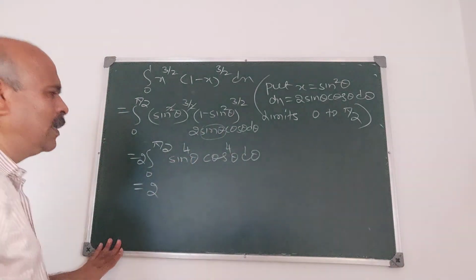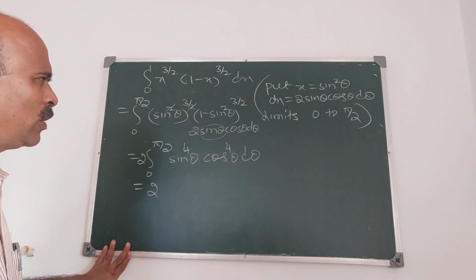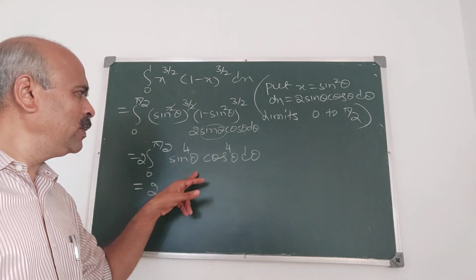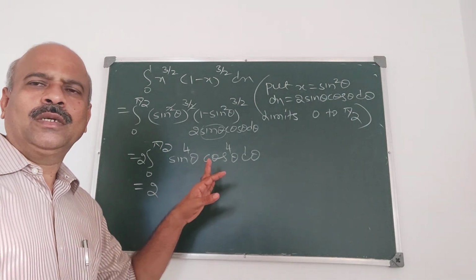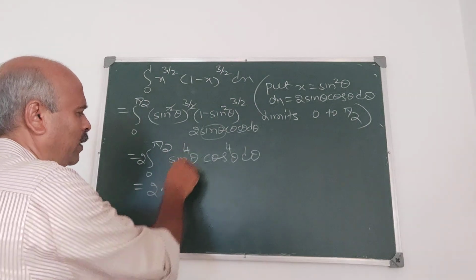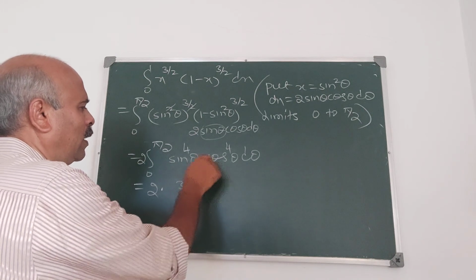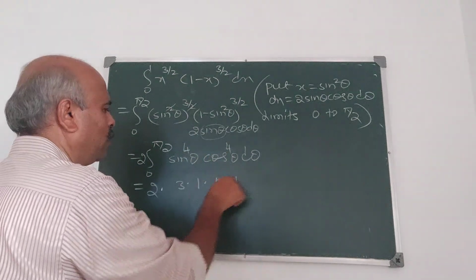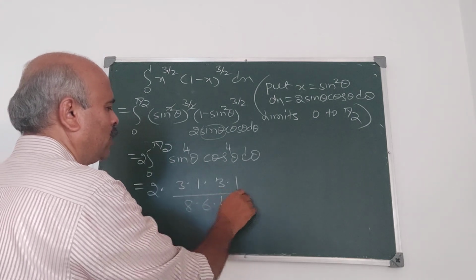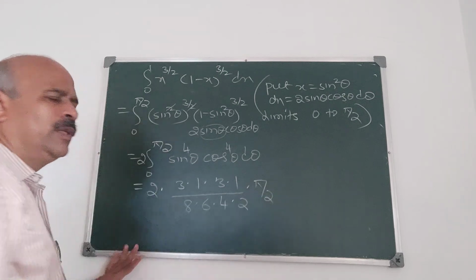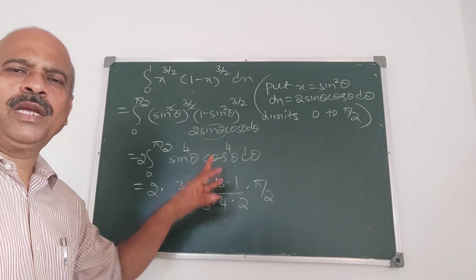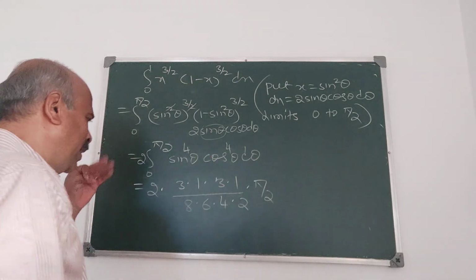Now we can apply the reduction formula. Always, the reduction formula is easier, but you can use some other techniques, which may lead to lengthy calculations. The reduction formula is very simple. How do you apply it? For sin to the power 4 we get 3 into 1, and cos to the power 4 gives 3 into 1, over 8 into 6 into 4 into 2, into pi by 2, because both p and q are even, therefore into pi by 2 is there.